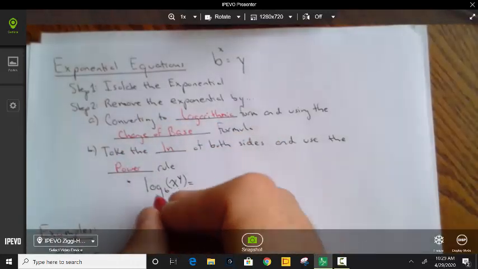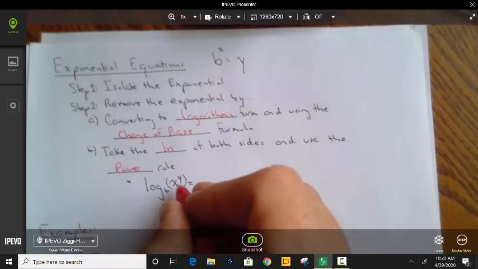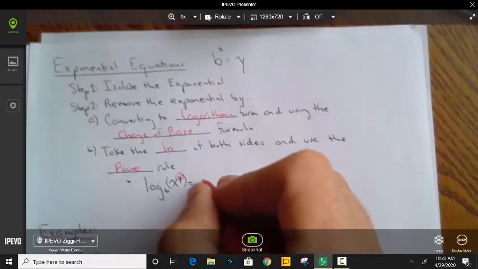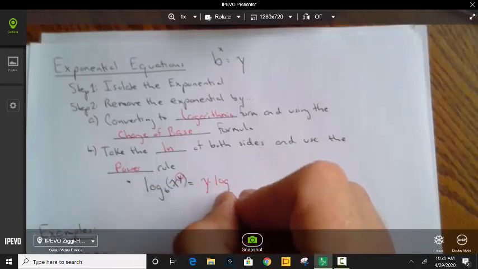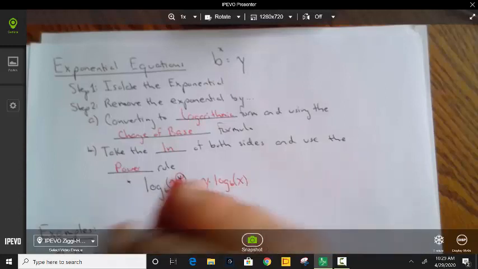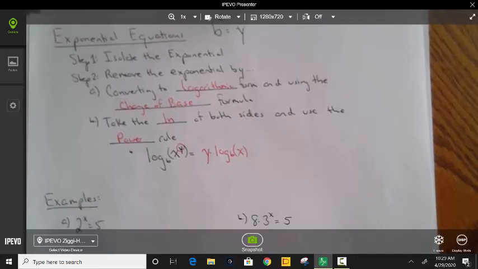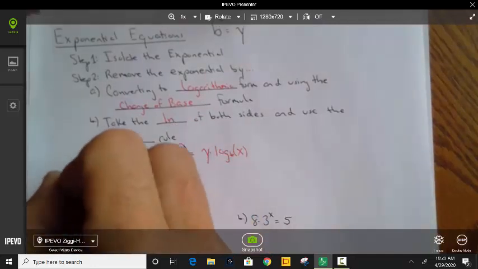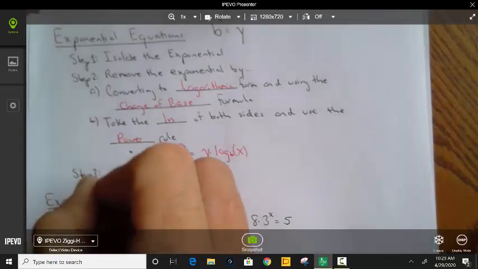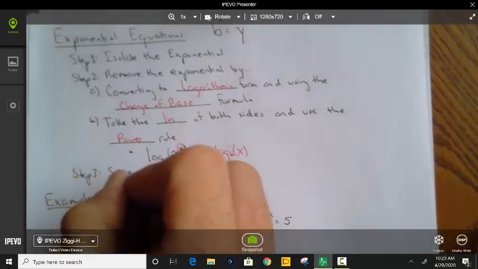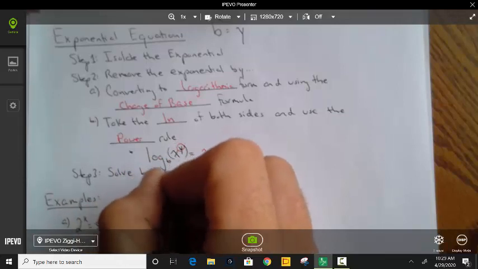Remember, the power rule says that no matter what the log is, if you have something to a power, that power can get brought to the front of the logarithm. You can do either one of these and you'll get the same answer. And then I forgot to put step 3 here. Step 3 is going to be to solve by appropriate methods.